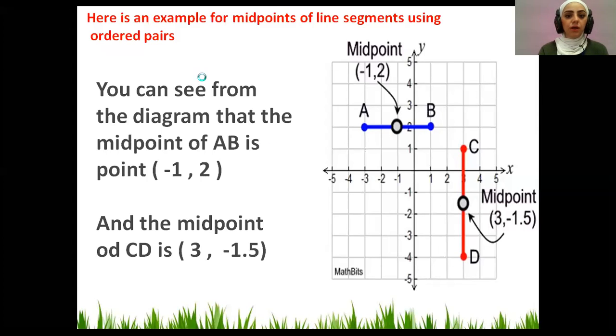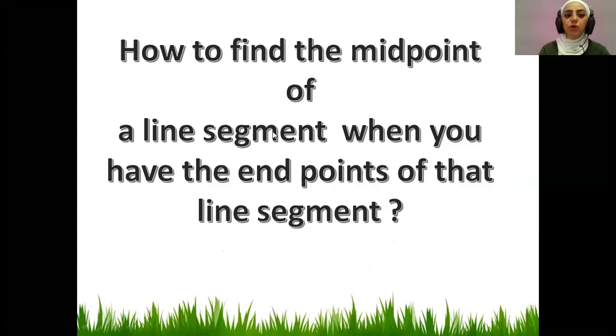So, how do we find the midpoint of a line segment when we have the ending points of that line segment, but we don't have its graph? Sometimes they tell you, what is the midpoint of point A, which is 1, 2, and point B, which is, let's say, 1, 6. No need to draw your graph and draw the x-axis and y-axis, and put the points and draw the line and then count to find the spaces.